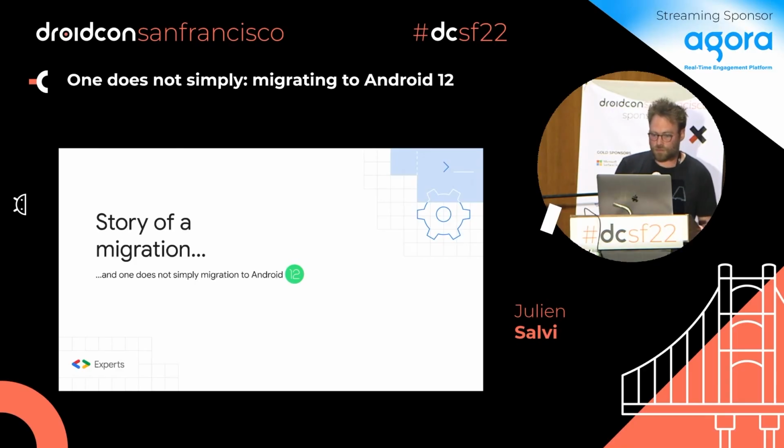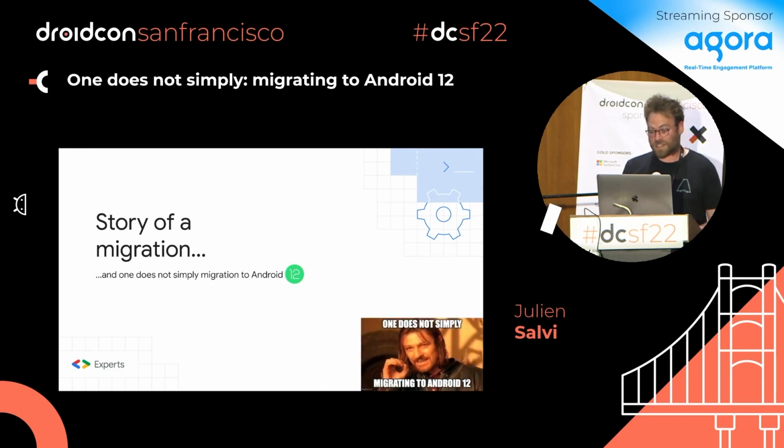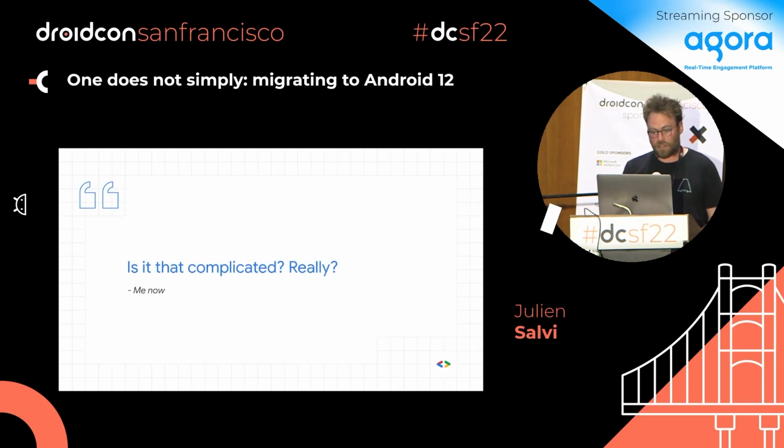Okay, so now we have a kind of overview. I said it was not a simple migration, so I will tell you a story of a migration to Android 12. And yeah, one does not simply migrate to Android 12. Is it that complicated, really? Yes.